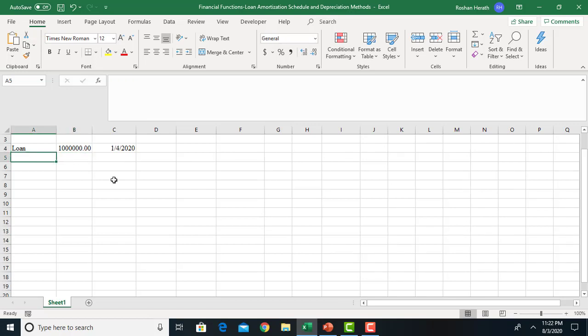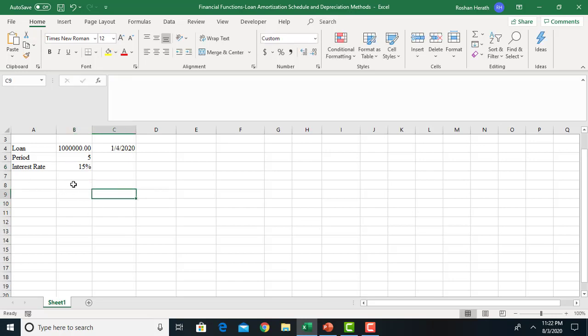You have obtained a 1 million loan. Let's say the loan period is 5 years, you want to settle this in 5 years' time. Most importantly, the applicable interest rate in this loan is, say, 15%.